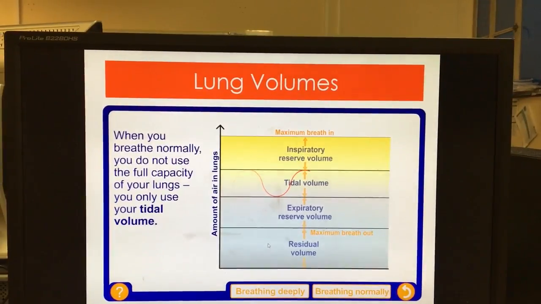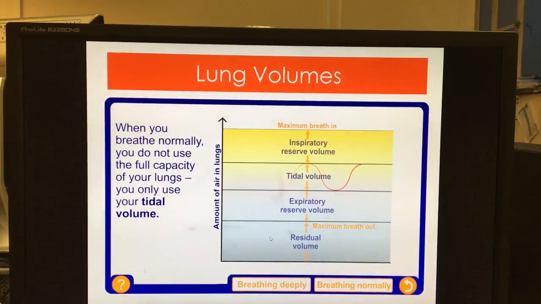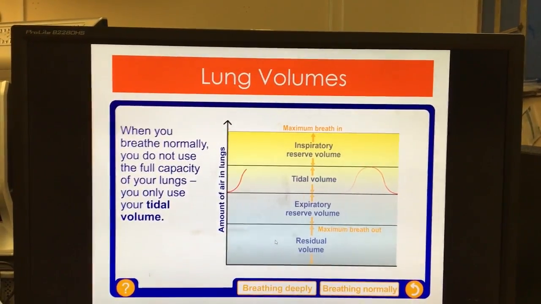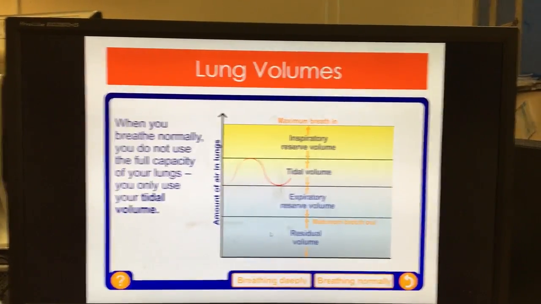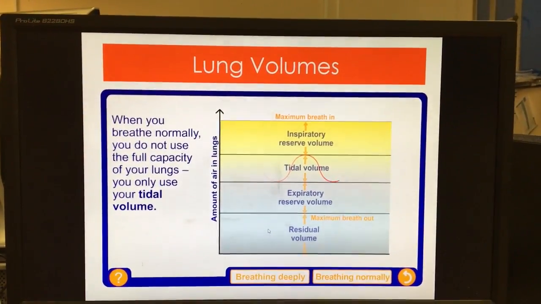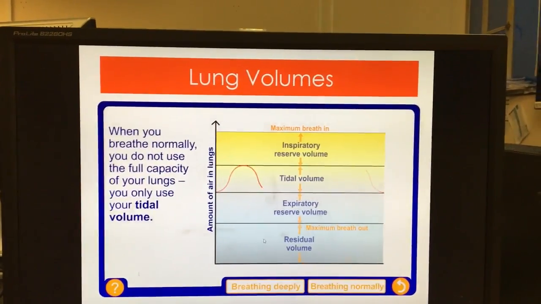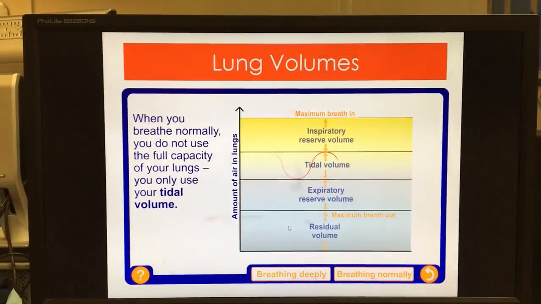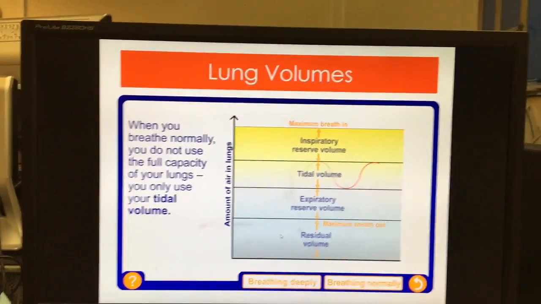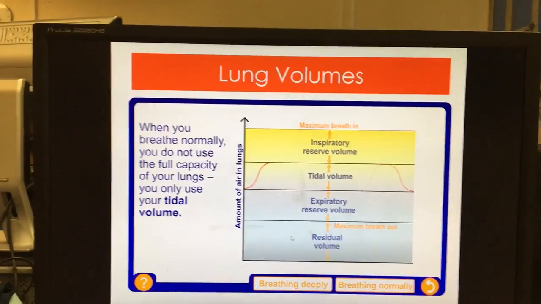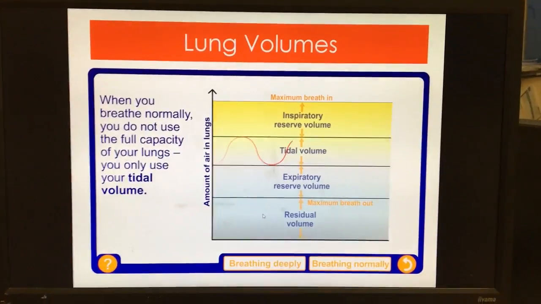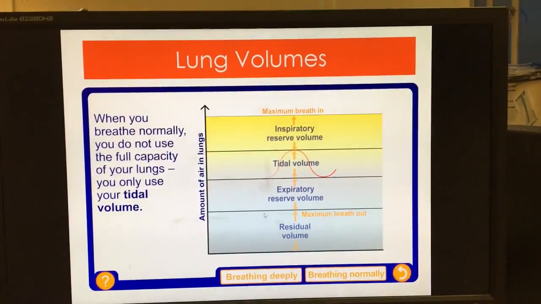When you breathe out as hard as you can, the volume is around 1,200 centimetres cubed on an average male. The air is still left in the lungs so that the lungs don't collapse. So residual volume is really important, because the air remains in there and doesn't completely empty, so that the lungs don't collapse.